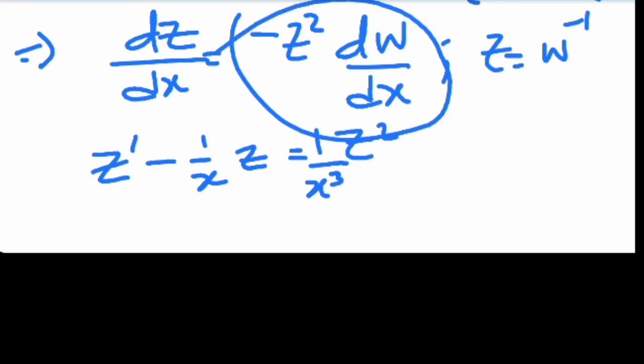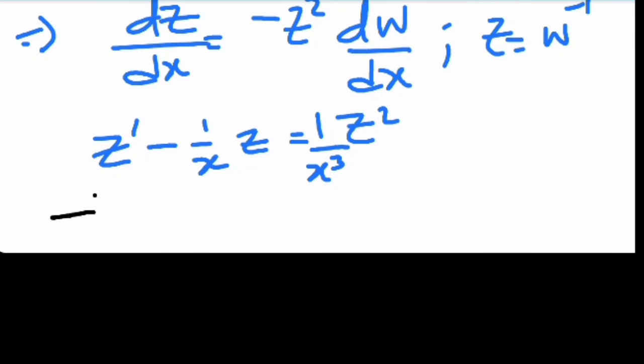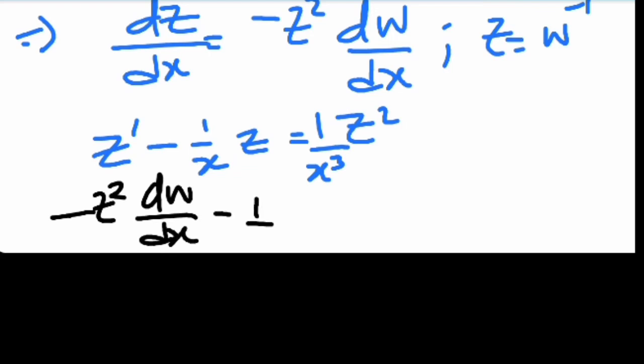And anywhere I see z, I'll put this. Minus z squared dw by dx minus 1 over x w inverse is equal to 1 over x cubed.